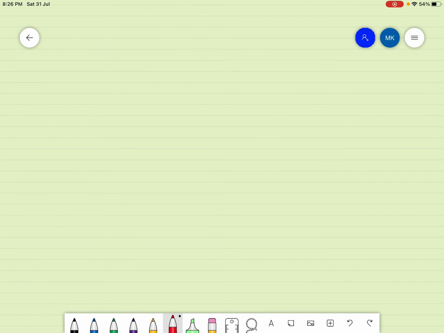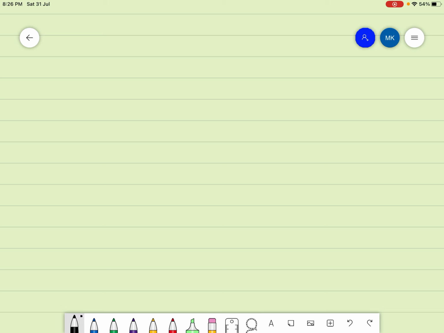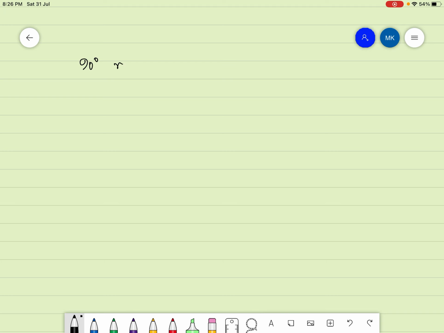Now we are in the last part of the lecture. So let's take a rotation matrix that does the 90-degree rotation, so it'll have 0, -1 and 1, 0.